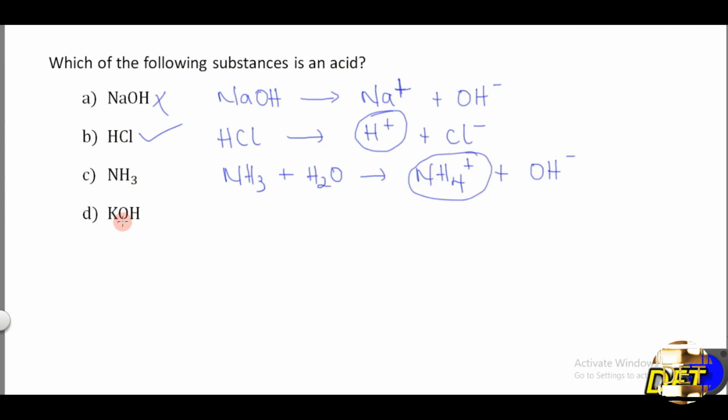When potassium hydroxide dissolves in water, it ionizes to produce potassium ion and hydroxide ion, right? And this is the only positive ion produced. So this is not an acid. So the correct answer to this question is what? HCl.